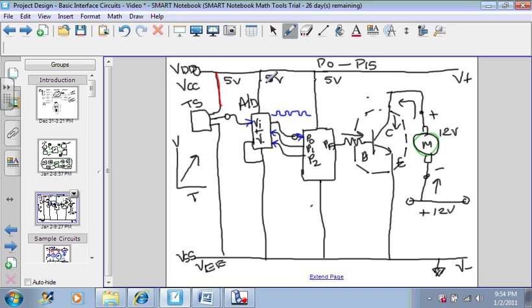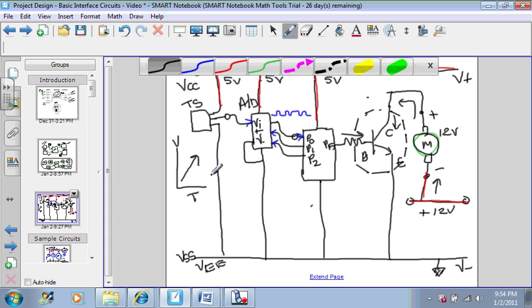I have my power rails for plus. I have my power rails for minus. And I have signal information, signal information that we say flows through the system.